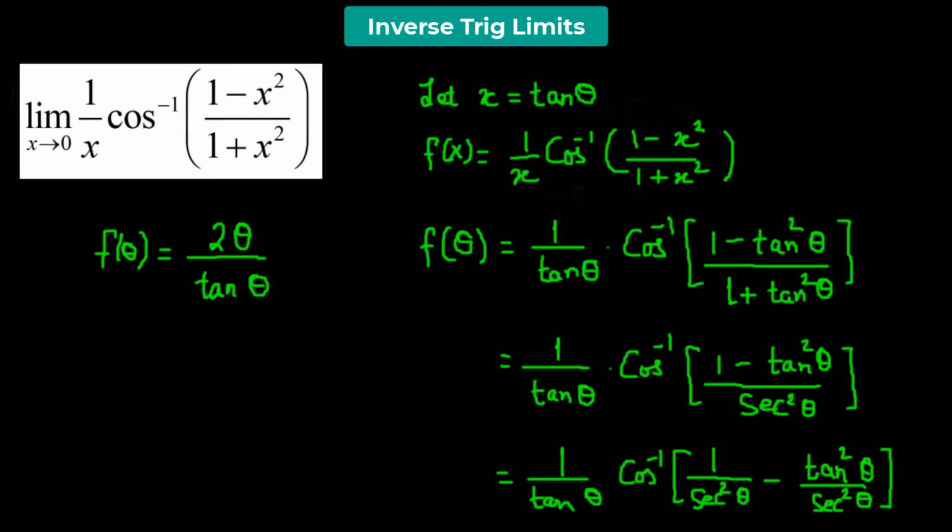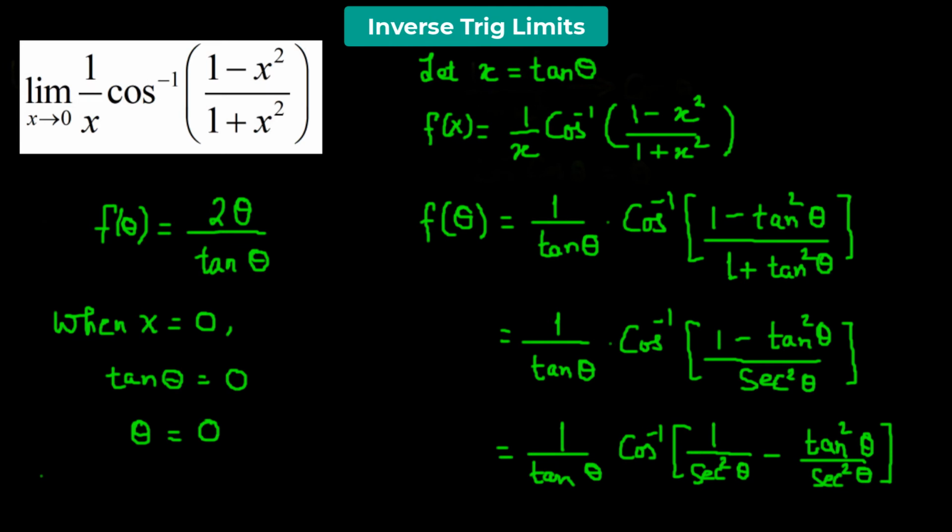Now we are going to change the value of x. So when x is equal to 0, we have tangent of theta, which is equal to x, is equal to 0. So that means theta must be equal to 0. In other words, when x approaches 0, theta approaches 0. So we have limit theta tending to 0.